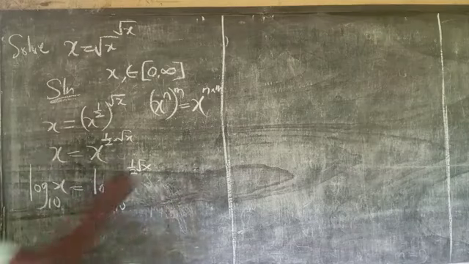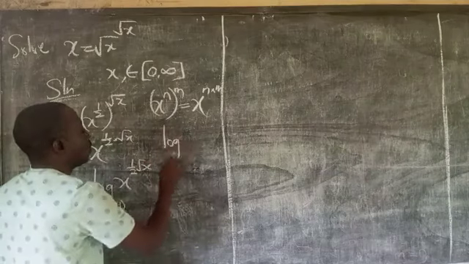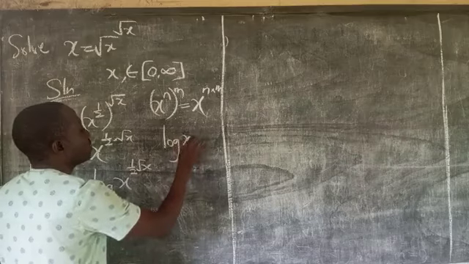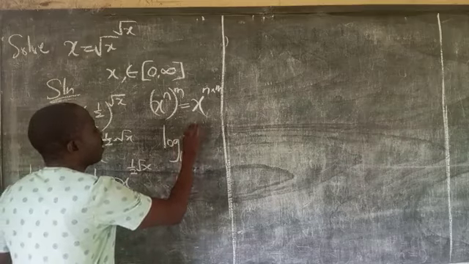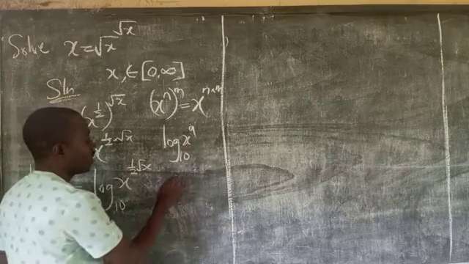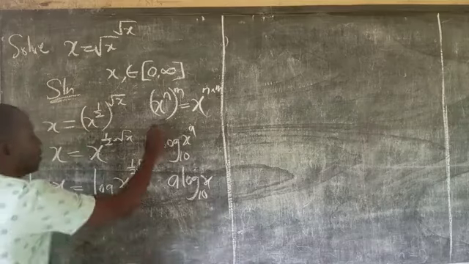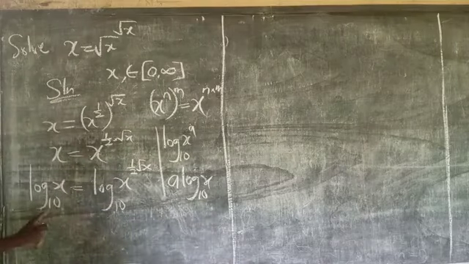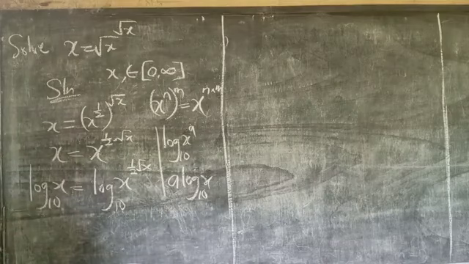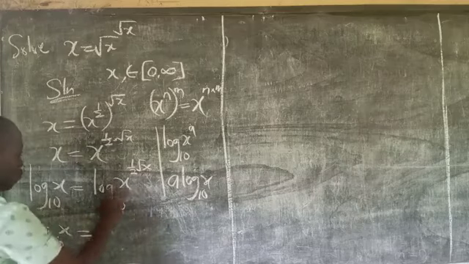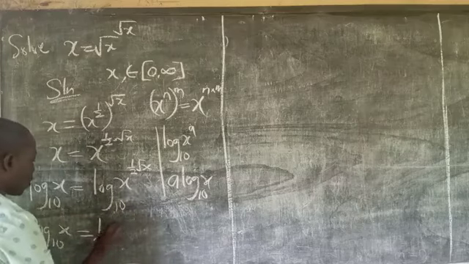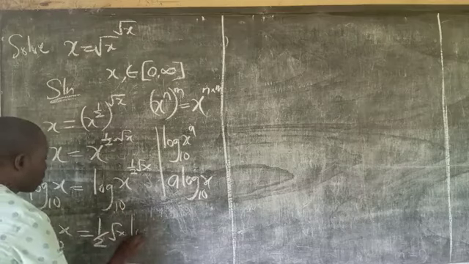And we know that when log base 10 of x is raised to power a, it means that a times log to base 10 of x. We want to break that in here. You see that? So log to base 10 of x will be equal to half root x log base 10 of x.